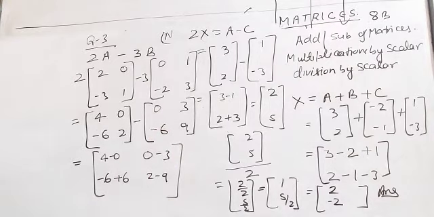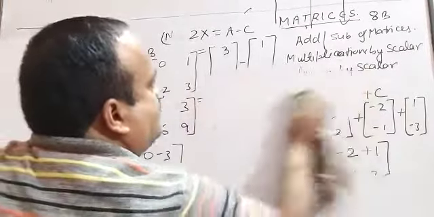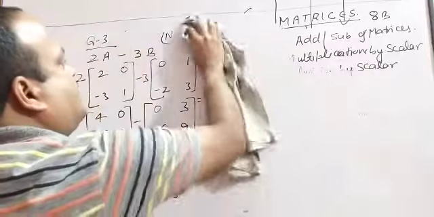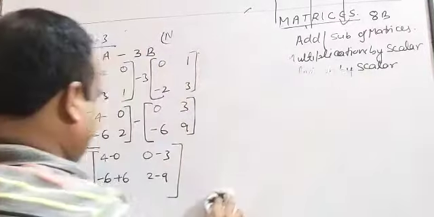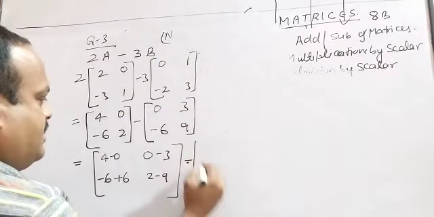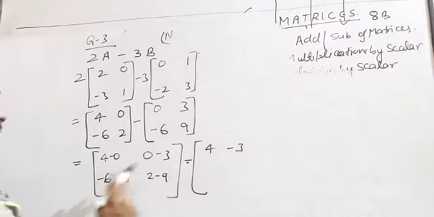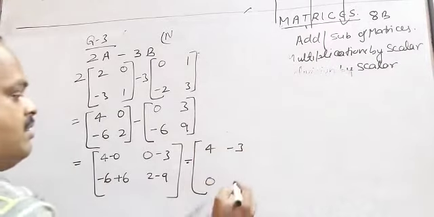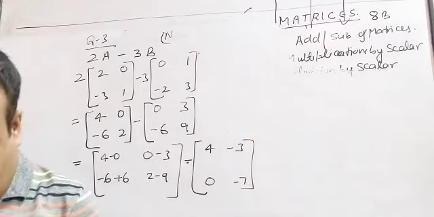Let us simplify to get the answer. To get the answer, we will use the algebraic law. We get [4, minus 3; 0, minus 7]. This is the answer.